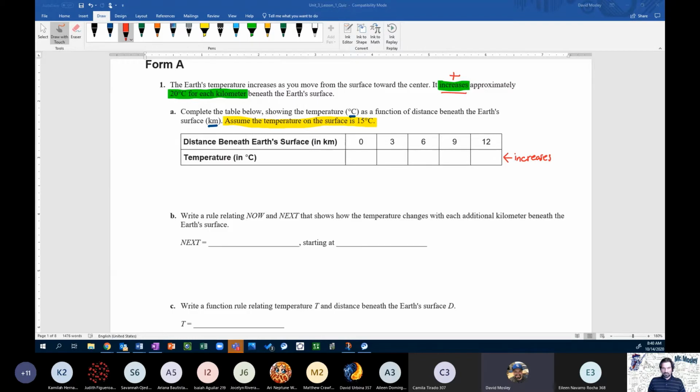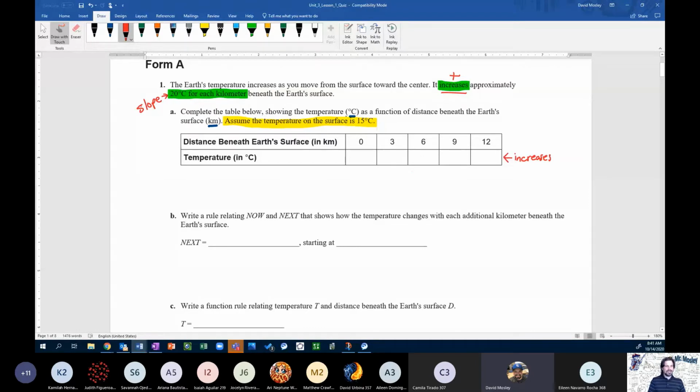It's telling me how much something is changing. Yes, thank you, Justin. It is the rate of change, otherwise affectionately known as our slope. So we have a slope here, or rate of change.